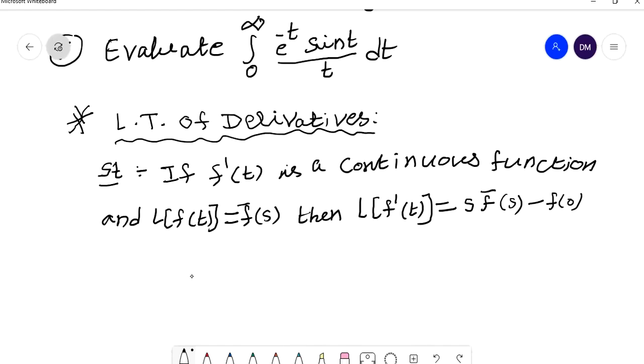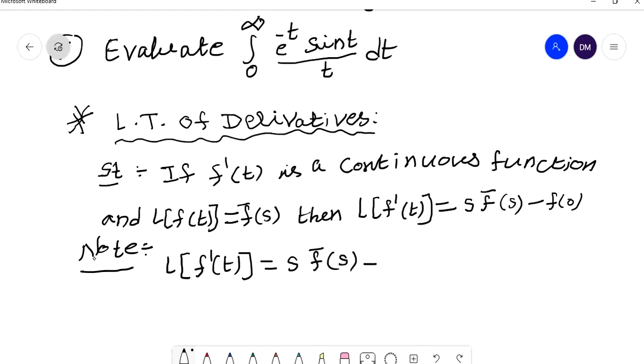What about the second derivative, third derivative, fourth derivative? What is the Laplace transform of the second derivative of f of t, third derivative of f of t, like that? We have to note one point. The Laplace transform of the first derivative of f of t is s into f bar of s minus f of 0.